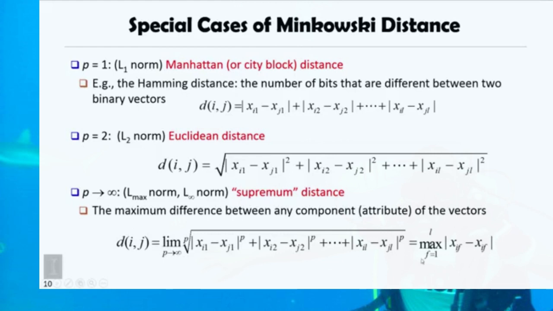In that case, the distance is really the maximum difference between any attribute of the vectors. For example, for f from 1 to L, the maximum such absolute value of the difference is the distance of the L infinity norm or Supremum distance.